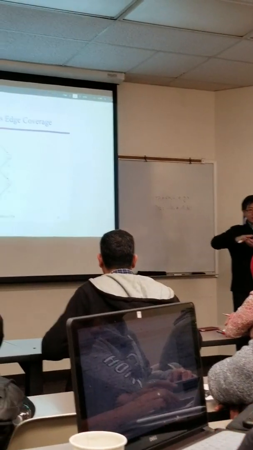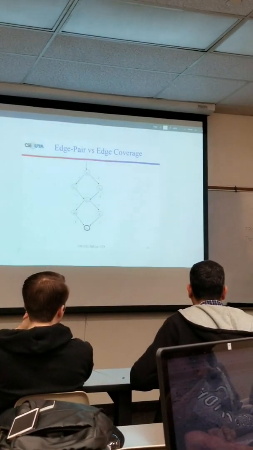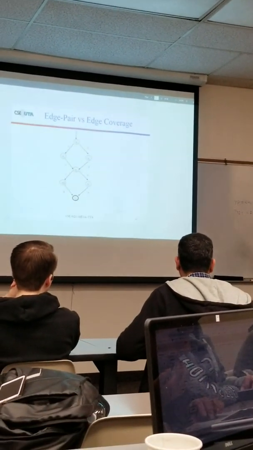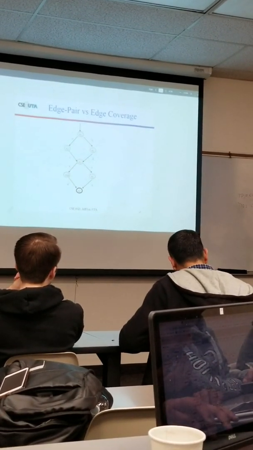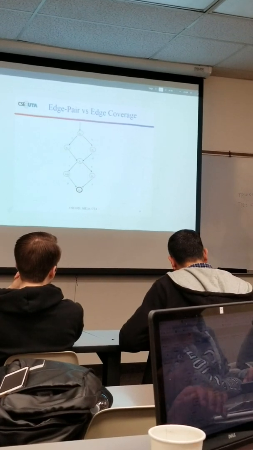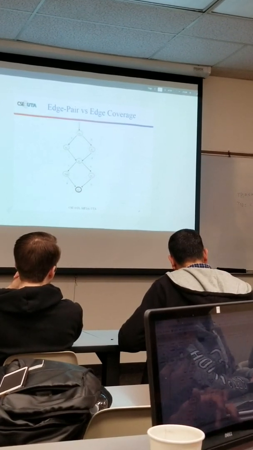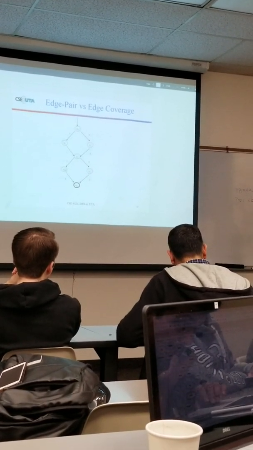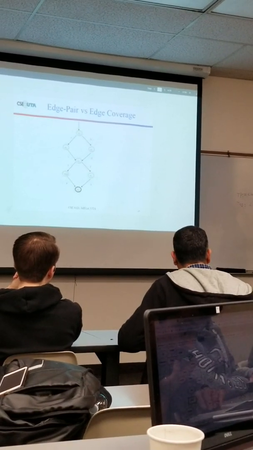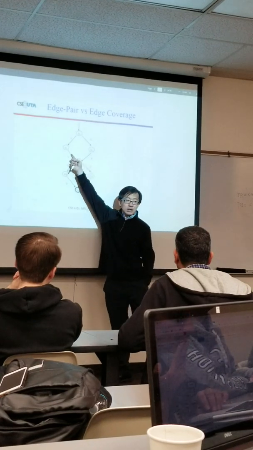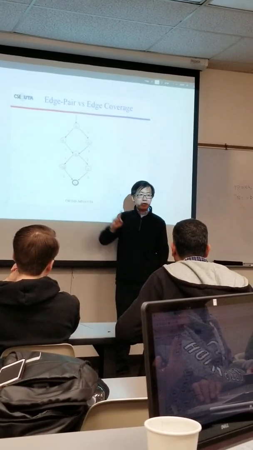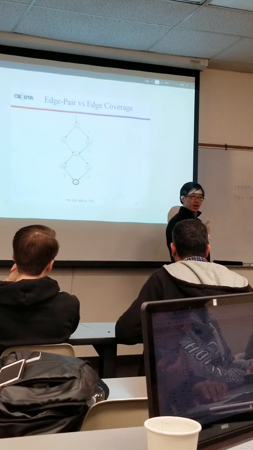Typically, as I mentioned, we're going to give you a hierarchy of different coverage criteria. There's no one coverage criterion which is definitely better. In both cases, it depends. Edge pair coverage, as you can see, if you execute the cross pairs, you're going to be more comprehensive.